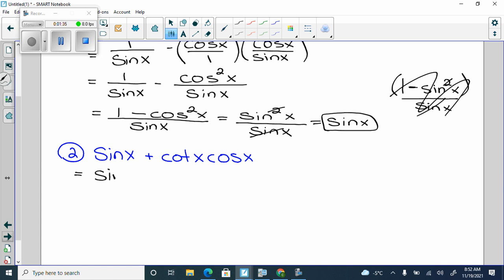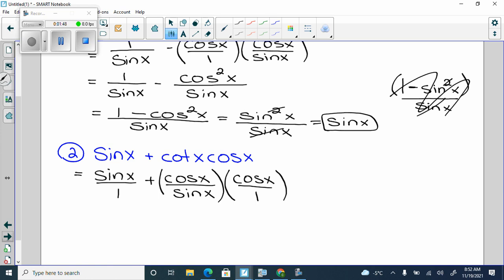So we get sine x over 1 plus cos x over sine x times cos x over 1. What do I have to do over here? Yeah, multiply by sine x so that I get a common denominator.